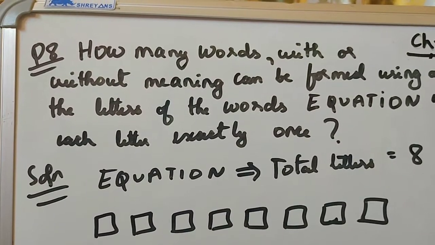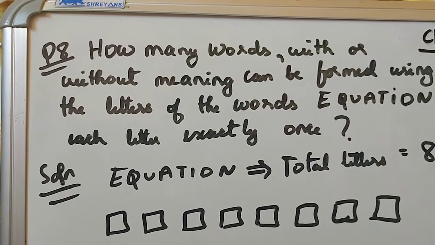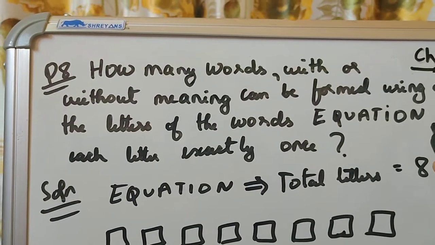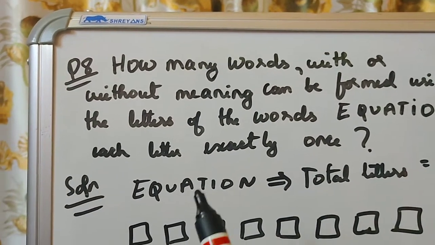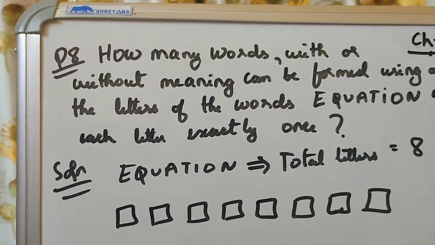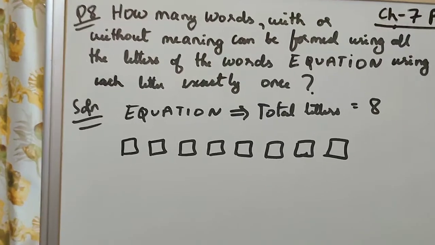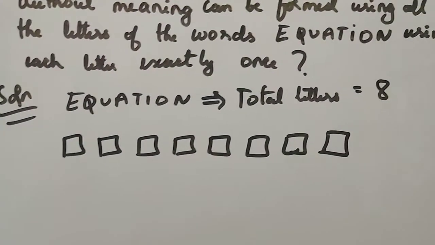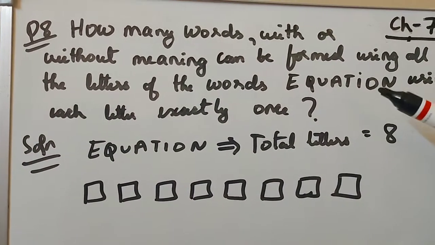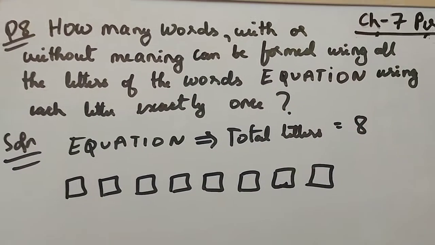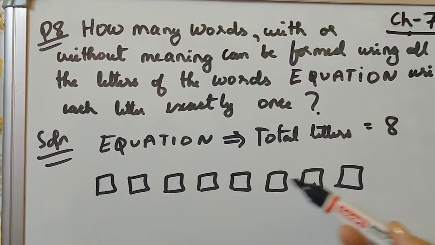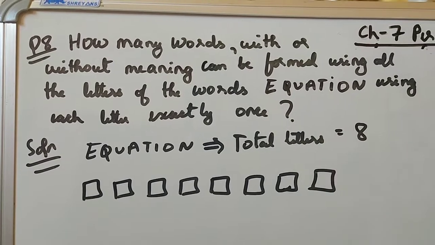We have to find how many words we can make using the word EQUATION and using all the letters exactly once. That means total letters are 8, so we will be using 8, that means 8-letter words.